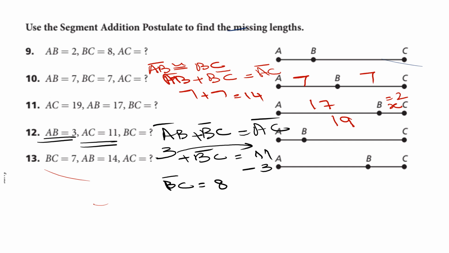Next question, BC is 7. So again AB plus BC equals AC. So BC is 7, AB is 14. So AC is how much? 14 plus 7 is 21.